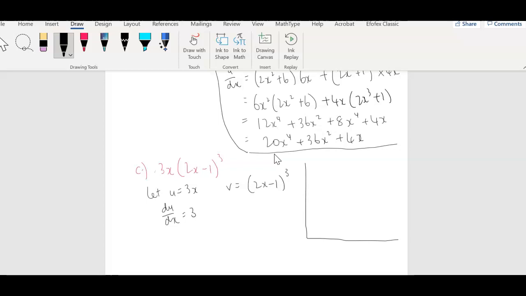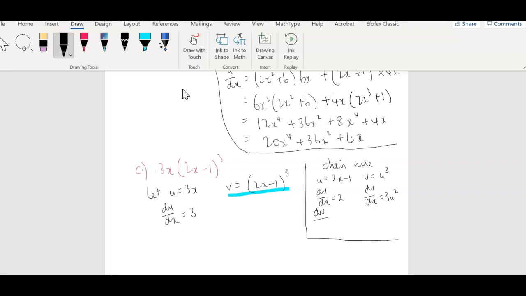So if we're going to use the chain rule, I still kind of like to use u, even though we've got let u equal something else, but I'm going to let u equal 2x minus 1. So that means v is equal to u cubed. All right, so we're just finding the derivative of this, dv/dx, in this little square. All right, so du/dx is equal to 2 and dv/du is equal to 3u squared.